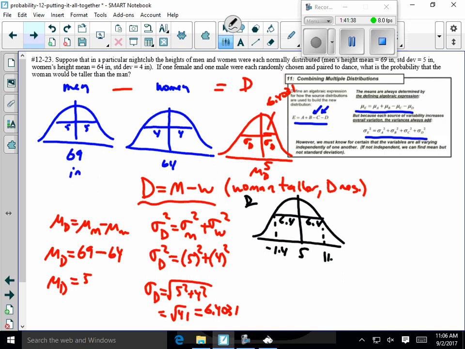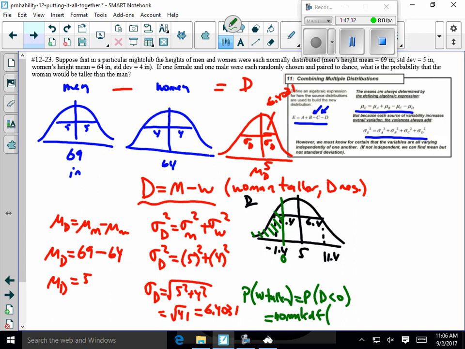What we're trying to find is the probability that a woman is taller. So that's the probability that D is less than 0, that it's negative. Somewhere here is where 0 happens, and I'm trying to find the probability that we would have a negative value. Since that's an area with a given boundary, I can do that with a normal CDF function.